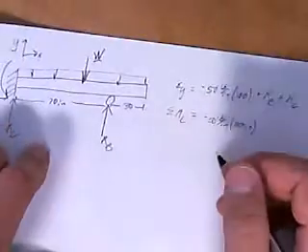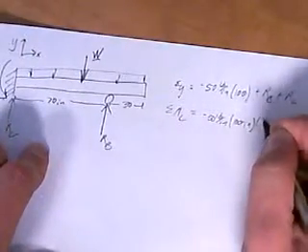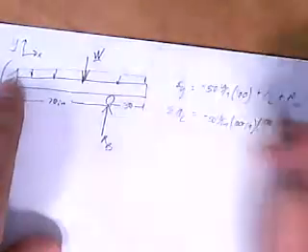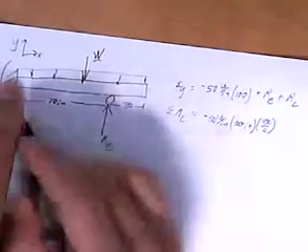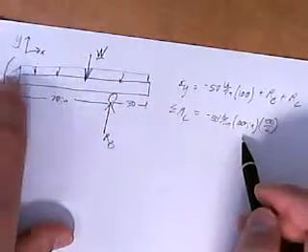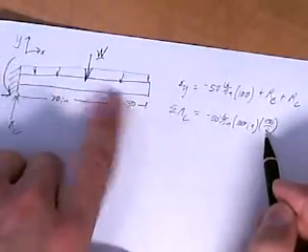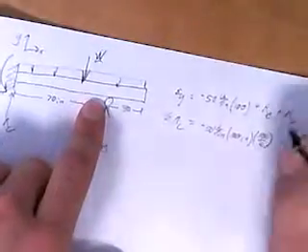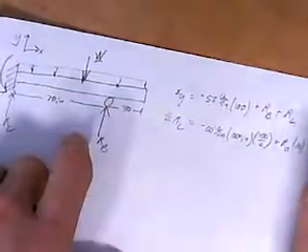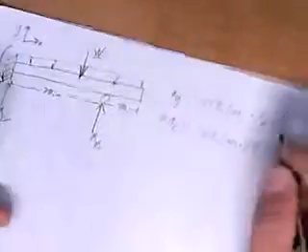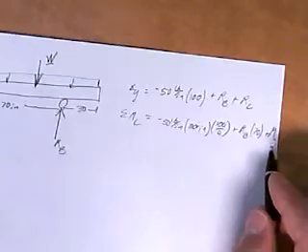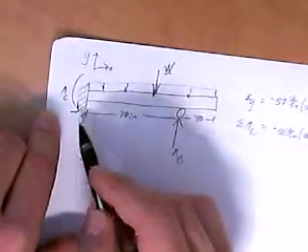Since it's over the entire length, we take the length of the distributed load and divide it by 2, which puts it in the middle. So we've got 50 pounds times 100, which gives the magnitude of the load, and this is the location, which is 50. Then plus RB times 70 plus MC over here.